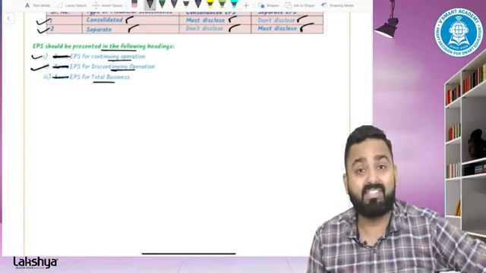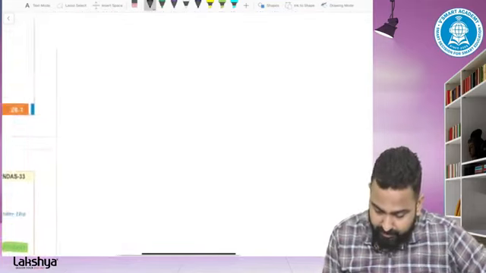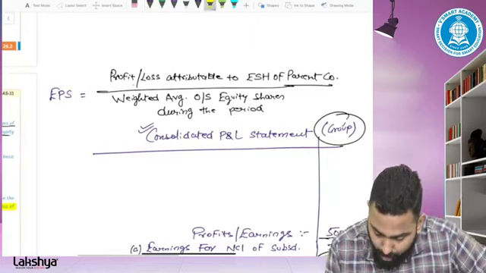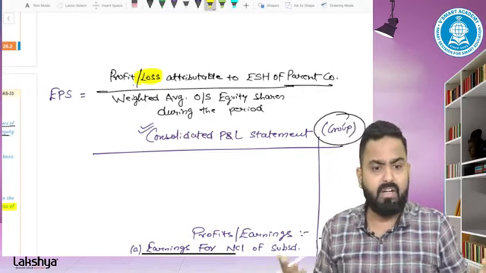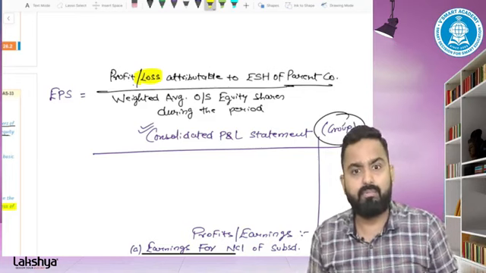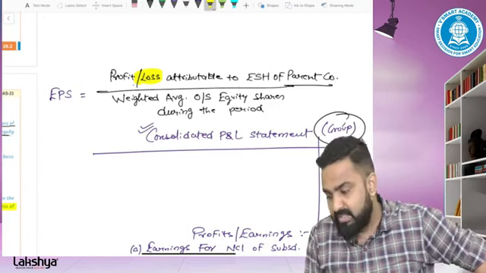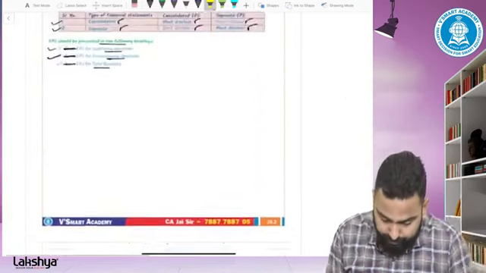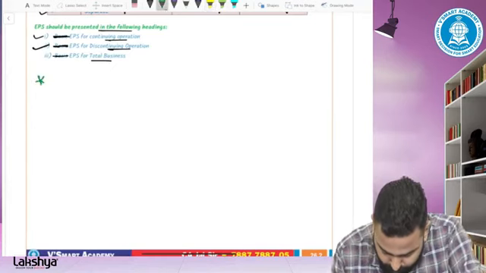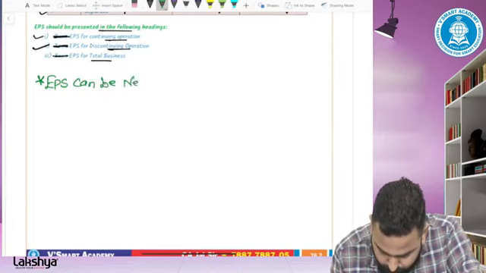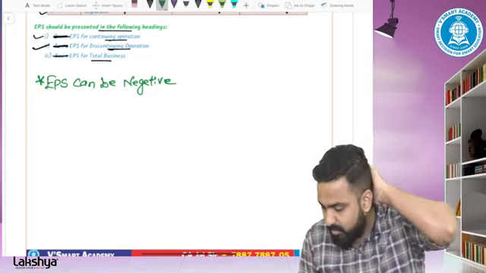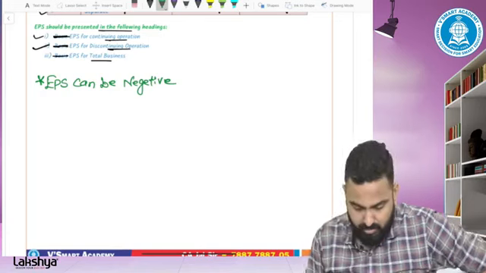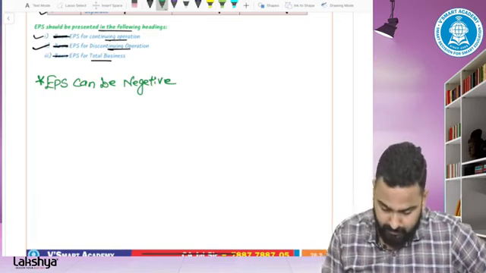It can be negative, yes, because the formula says profit or loss. The earning can be negative. During the year, the company may have a loss per share also. So yes, EPS can be negative.